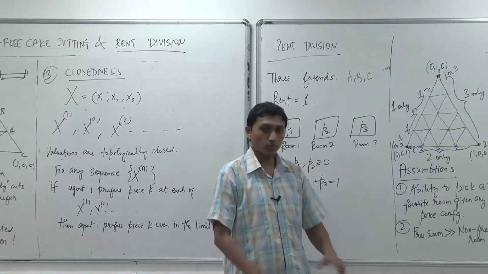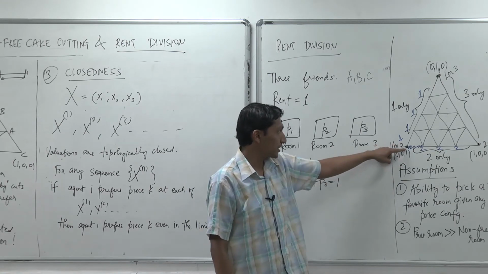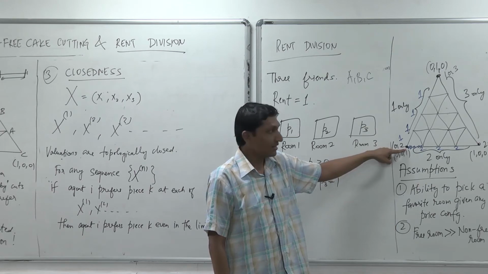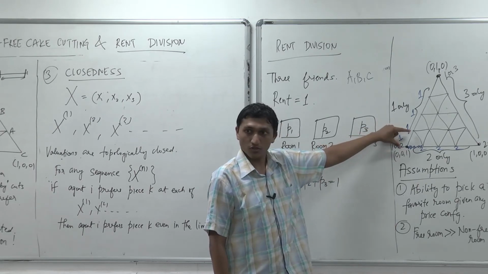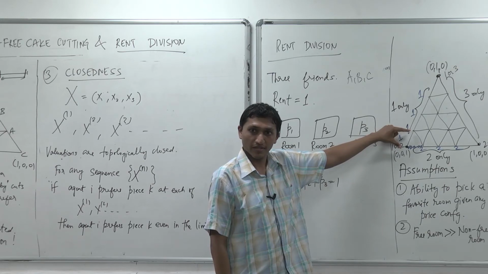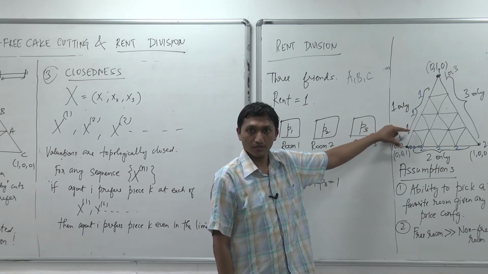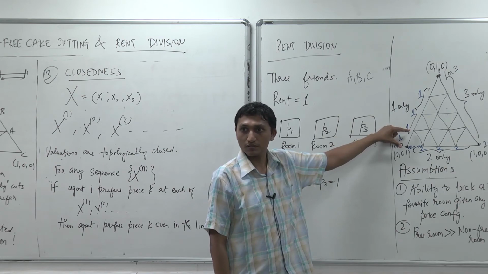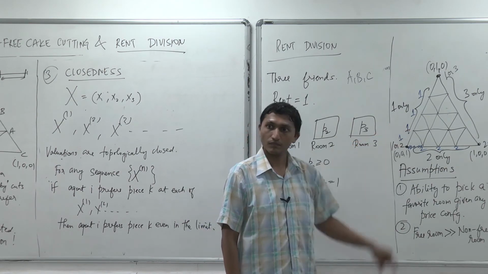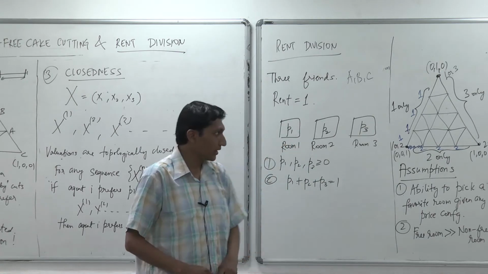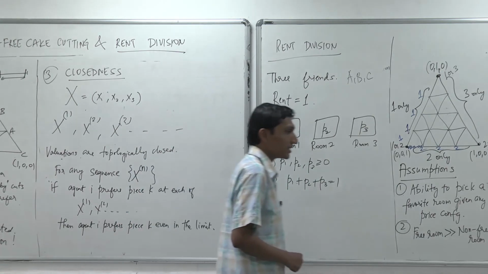So, this was all for the case where this vertex was 1. What if this vertex is a 2? Then this becomes the door, and repeat. Either way, you're bound to succeed. Okay, so what does that mean?